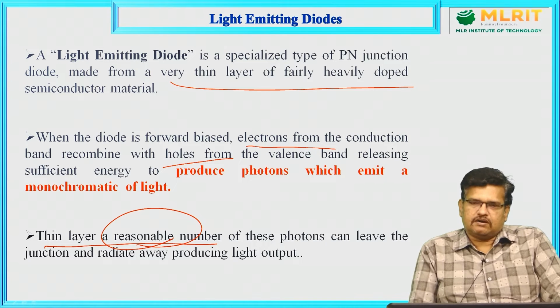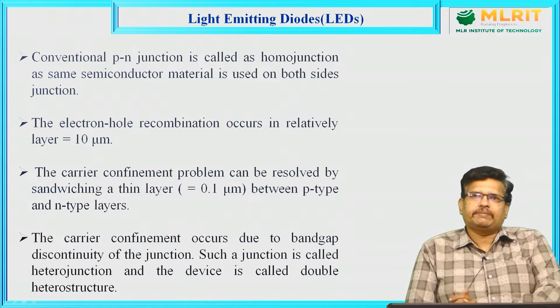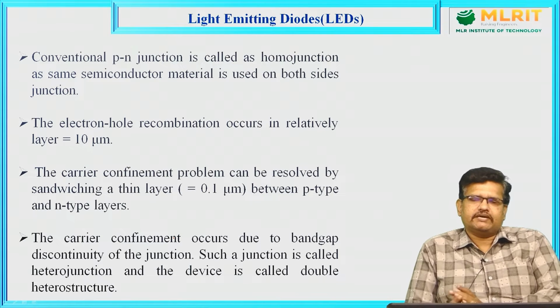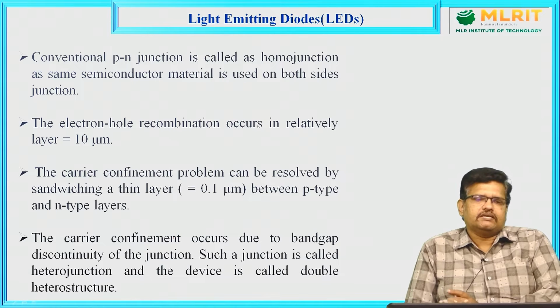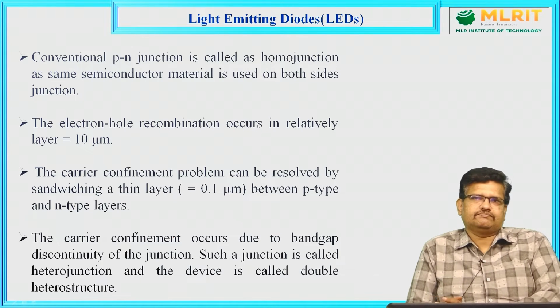Now we consider the next one. The conventional PN junction diode is like a normal semiconductor material, with junctions on both sides. Here the electron hole pair recombination occurs in a layer of 10 micrometers. Another important thing is sandwiching a layer.